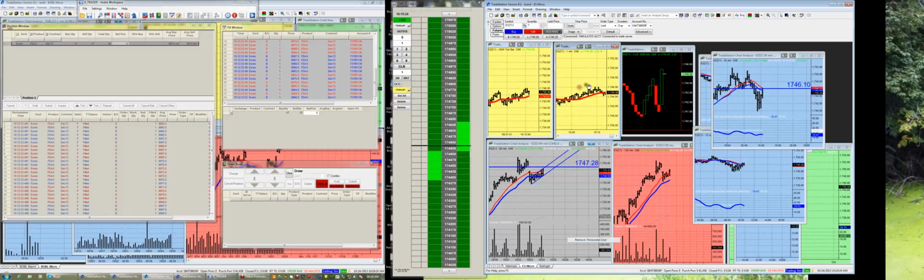It's just there's just not enough money. Could short 45s. Short 45s.